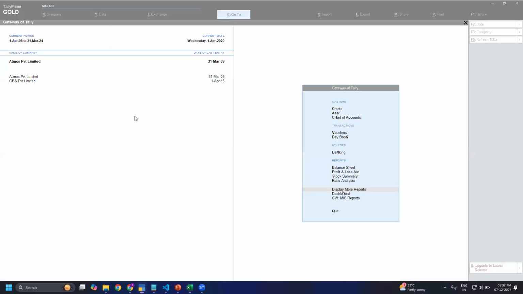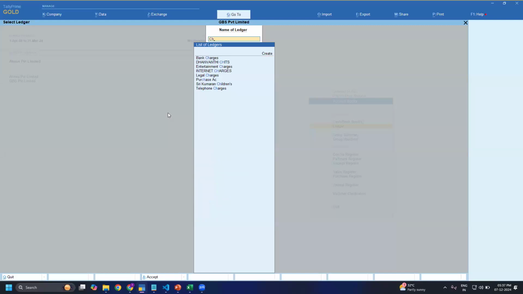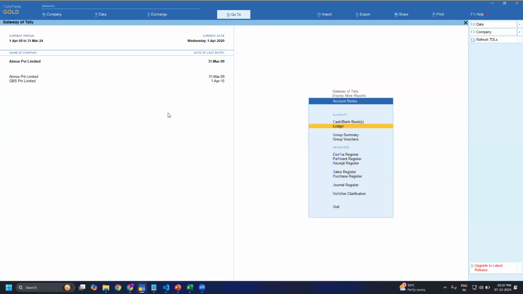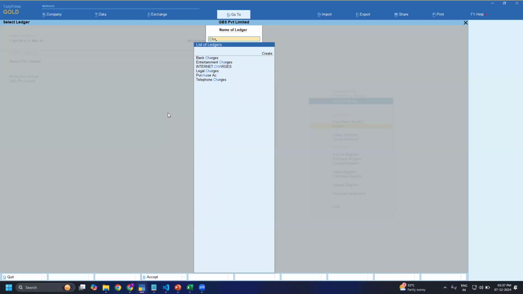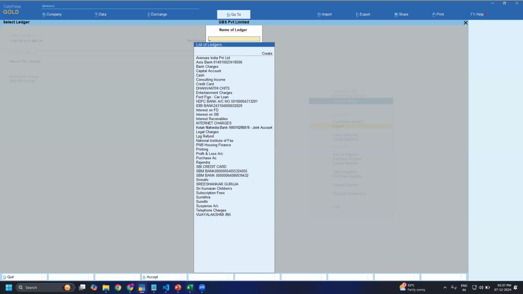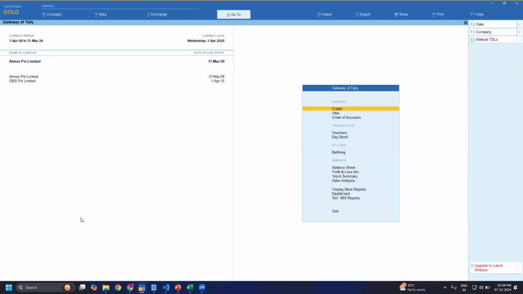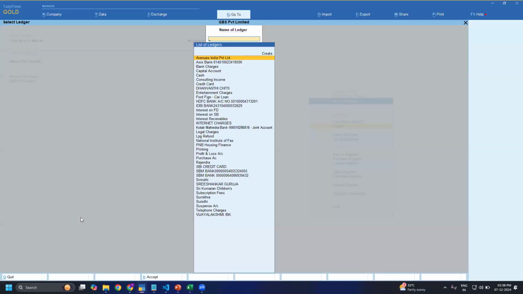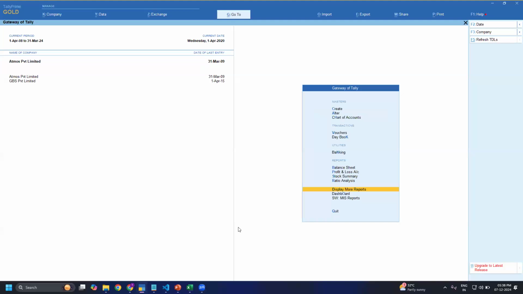So now I'm going to Tally. Already selected. Now I'll click on DAL here. Here it is. So go to K. What is it?